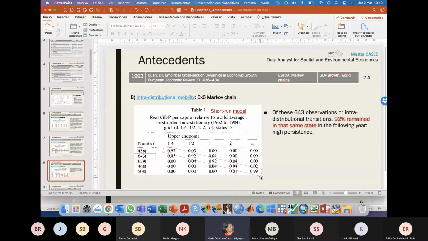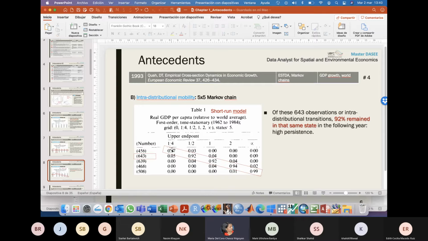Because the probability of starting in one state and ending up in the same state is very high. What is really significant, or very rare, is to jump from one state to a different state, because these states are relative.